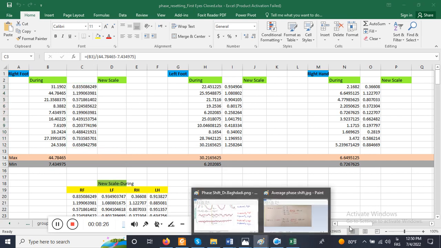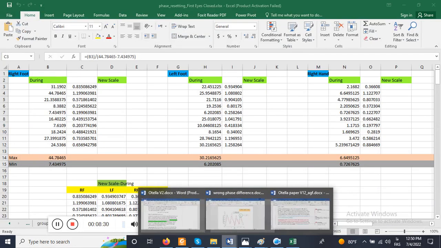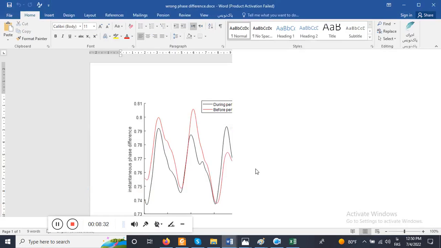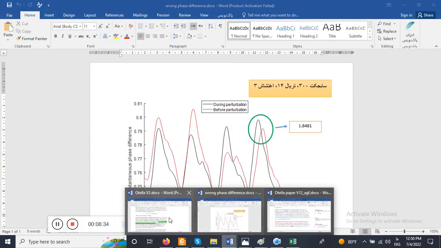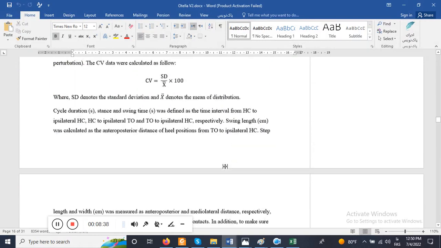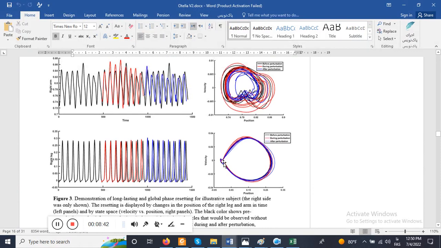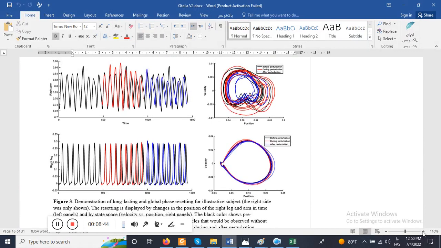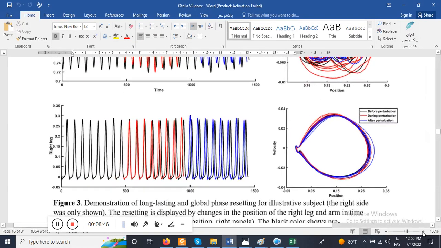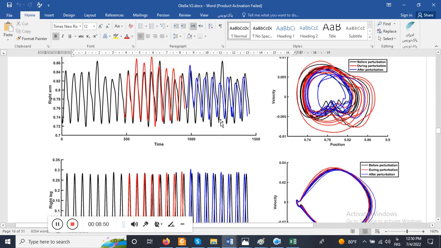But a question maybe arises here, because if we see in this figure, the phase shift for the hands and legs is similar.